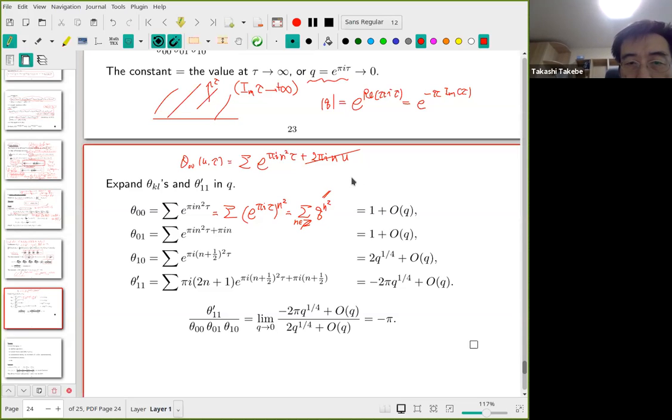What does this mean? When n is 0, it is just 1. When n is 1, this is q to 1, q to 1. When n is 2, and so on. So this is a bilateral infinite series.